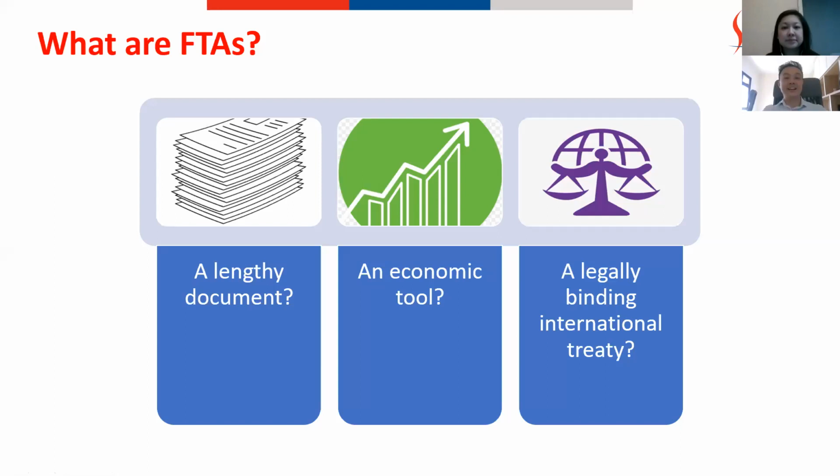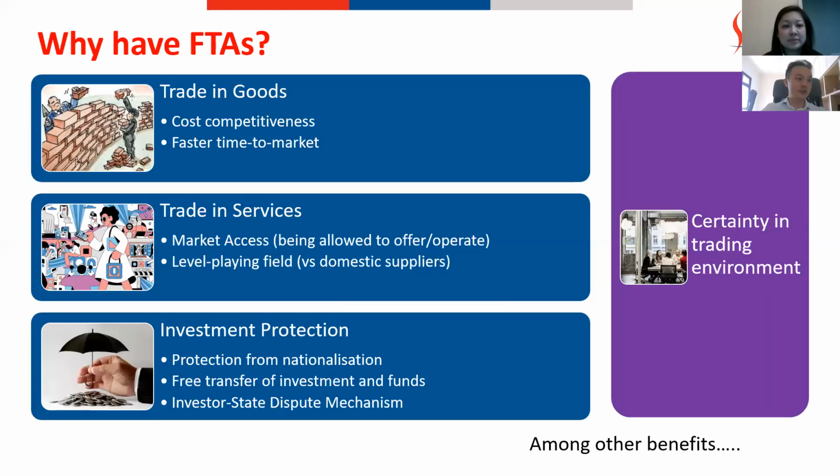Finally, they are also legally binding international agreements, which brings me to the next point, that a key feature of FTAs is that they provide certainty in the trading environment for businesses. In the absence of trade agreements like the WTO and FTAs, countries can change their policies, increase their customs duties, impose new technical regulations, or even bar foreign firms from operating in certain services sectors within short notice.